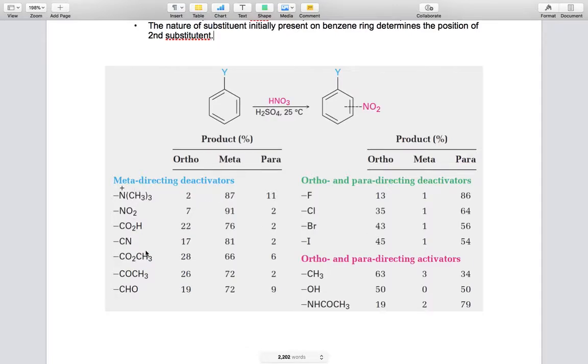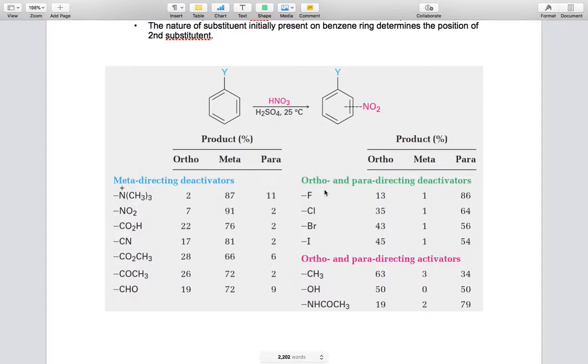So we have the meta directing deactivators. All of these are functional groups, so you should already know their names. For example, we have CHO, meaning that's an aldehyde. And then this one, COR, that's a ketone, right? R-CO-R, ketone. You should know that already.